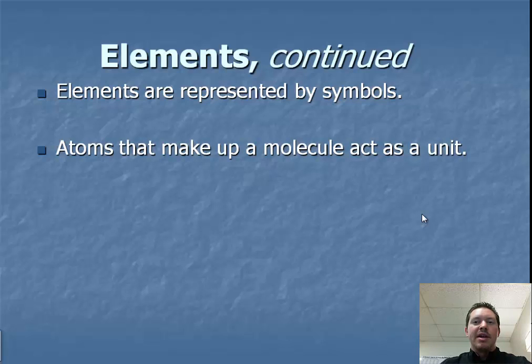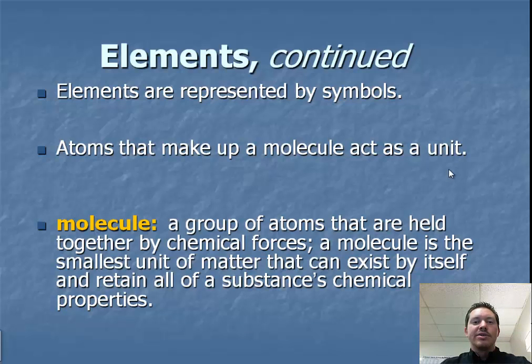Atoms that make up a molecule act as a unit. A molecule is a group of atoms that are held together by chemical forces. A molecule is the smallest unit of matter that can exist by itself and retain all of a substance's chemical properties.